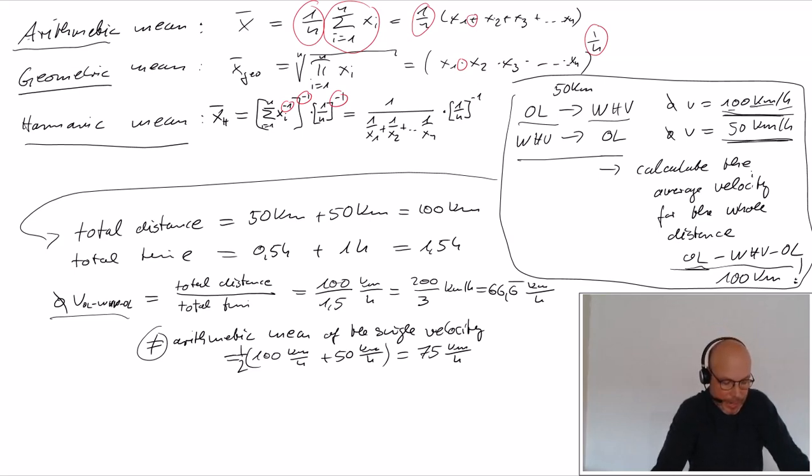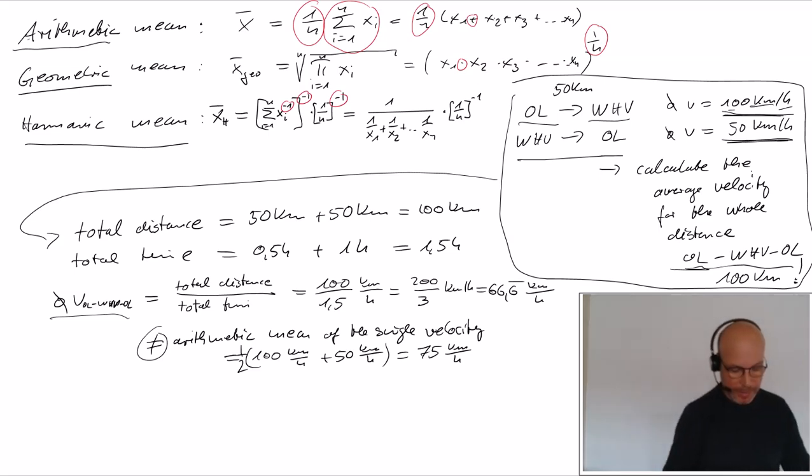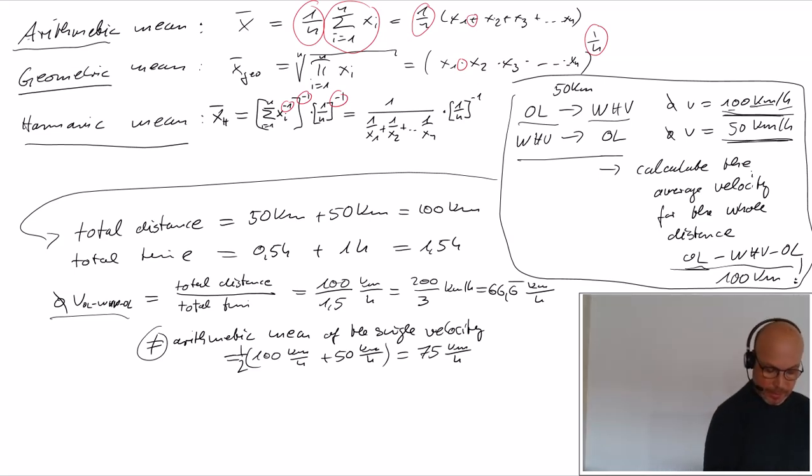Well, and then let's see if we really can calculate the average velocity via this harmonic mean. x1 and x2 are our two velocities.